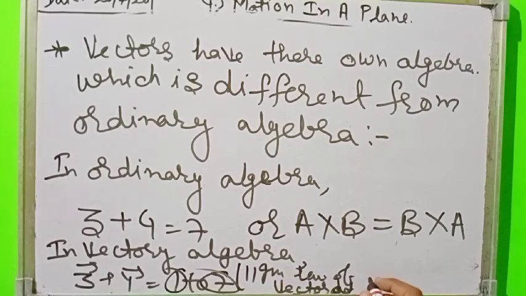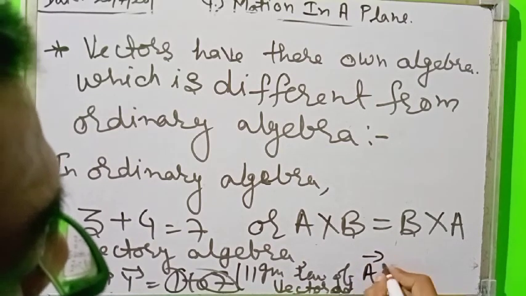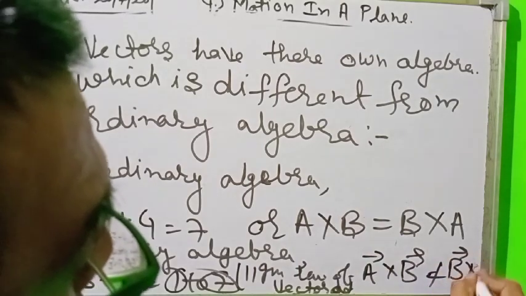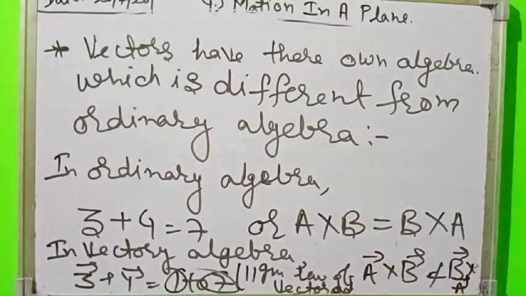And second thing is that vector A cross vector B is not equal to vector B cross vector A.